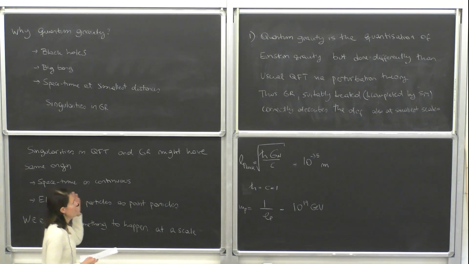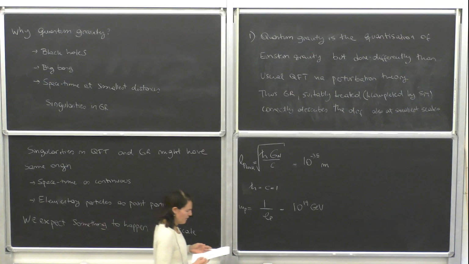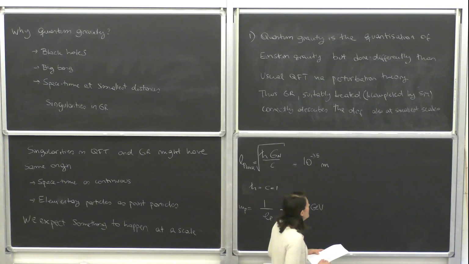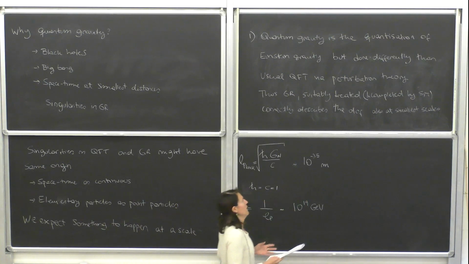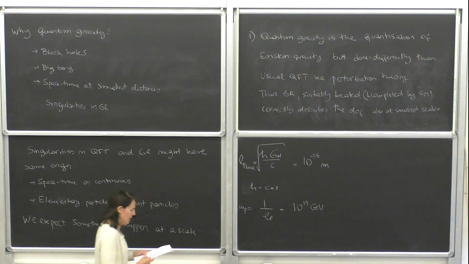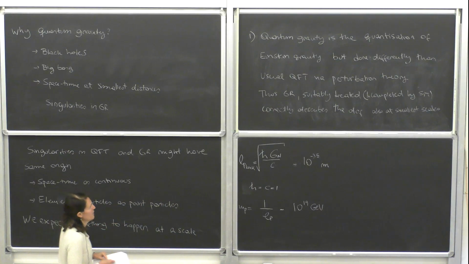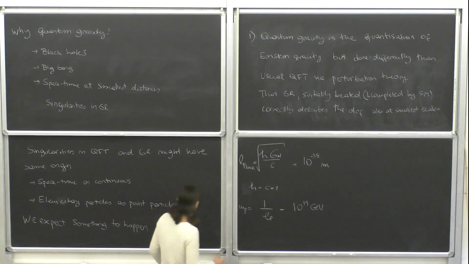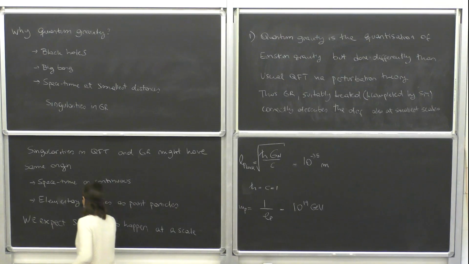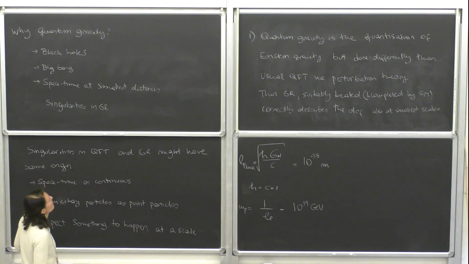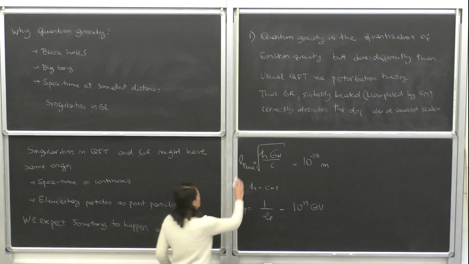And this is what's done in canonical quantum gravity, or a little bit asymptotic safety. Loop quantum gravity, in which you quantize loops. Let me put the number 2 here.